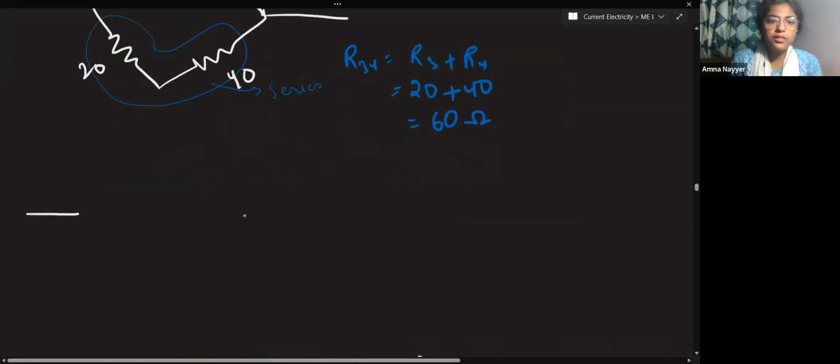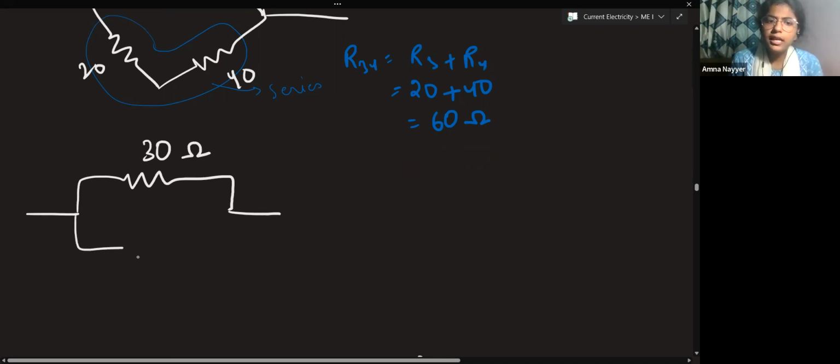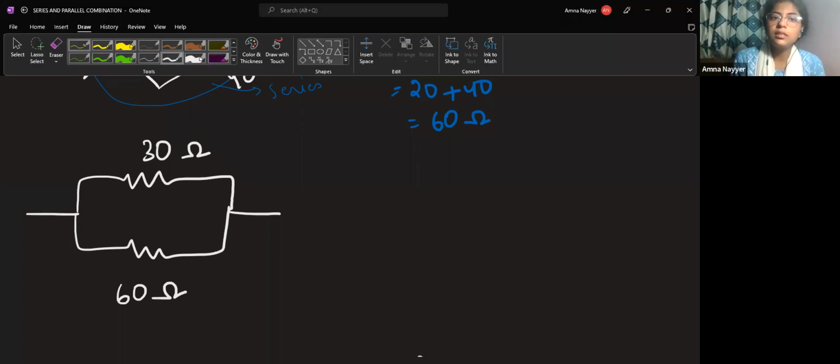Instead of that 10 ohm resistor and that 20 ohm resistor, just connect a single resistor, that is 30 ohm now. And instead of these two, connect a single resistor, that is 60 ohm. Now you can relate both of these.